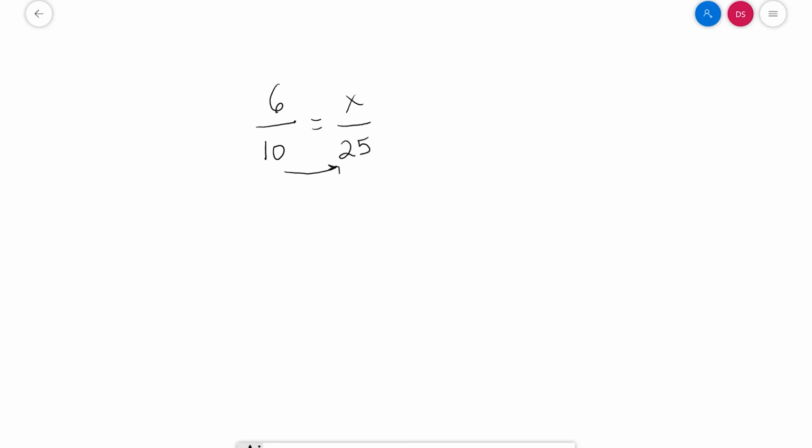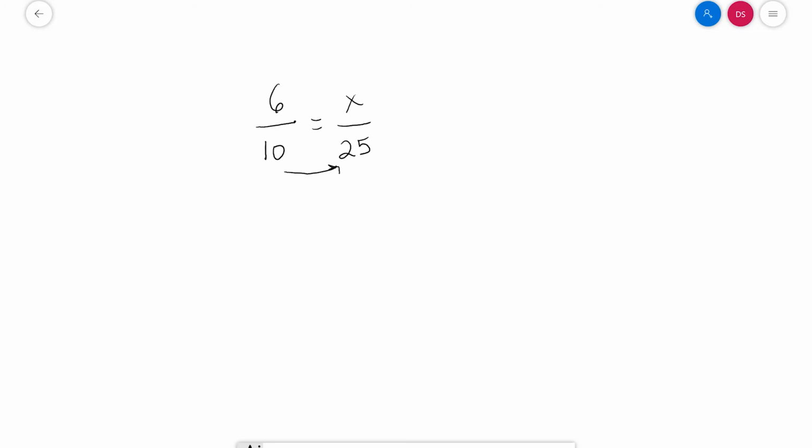And so they are saying that if you multiply each side by 25, now why are they saying this? I'm going to remind you of what we did in chapter 6. I believe it was the beginning of chapter 7.